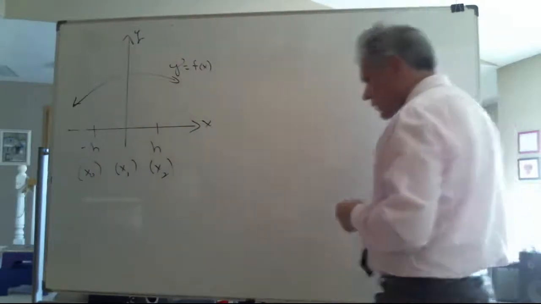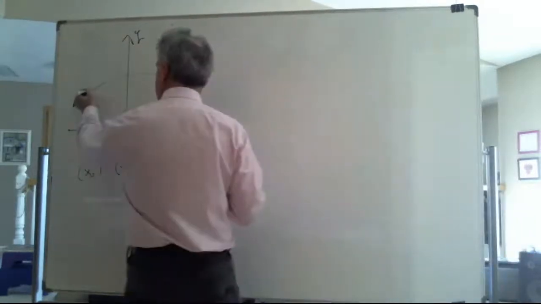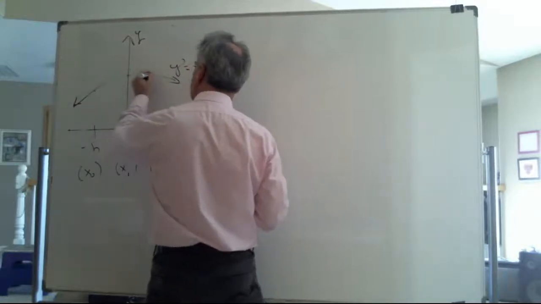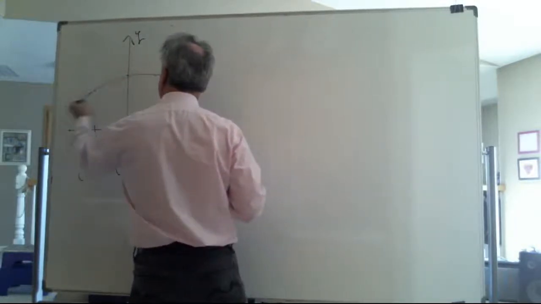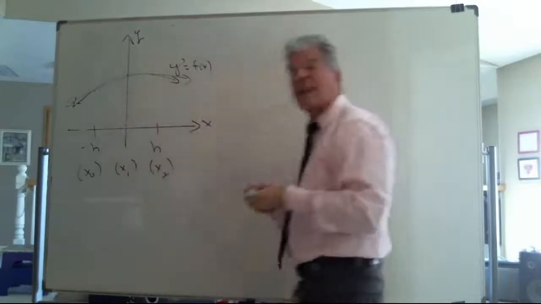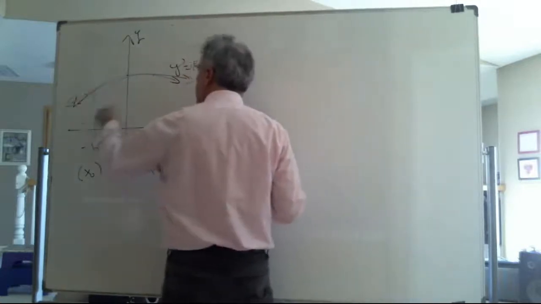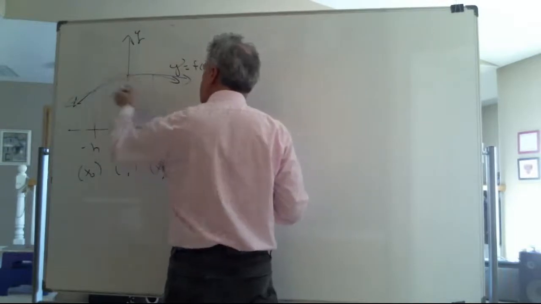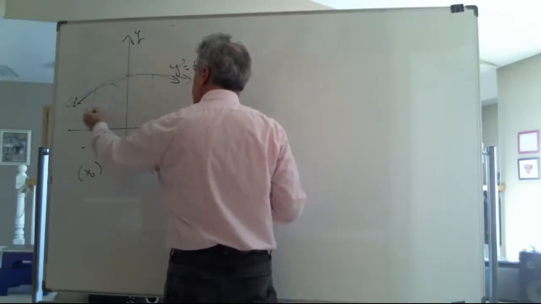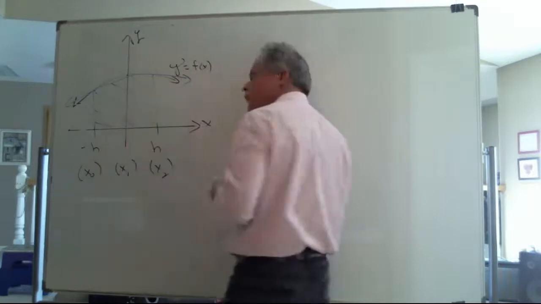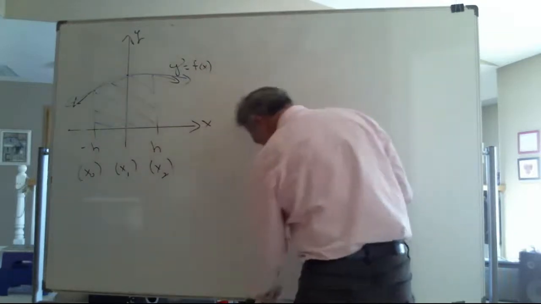So to compute the area underneath the parabola determined by these 3 points here, here, and here, I'll try to draw it in. It's not exactly equal to the curve over that interval from negative h to h, but approximates it. I'm going to come up with the area underneath that blue parabola and use it to approximate the area underneath the curve, at least over the first 2 subintervals. So here we go.